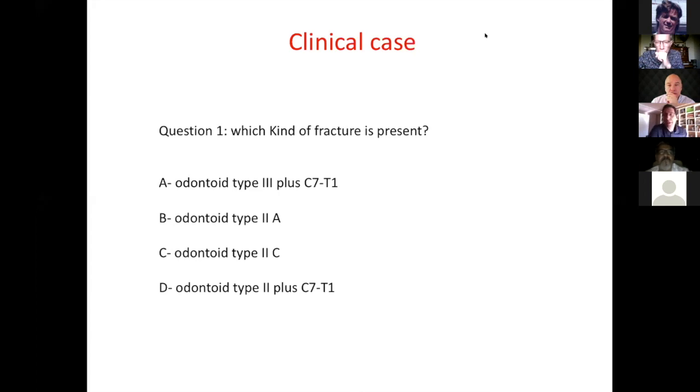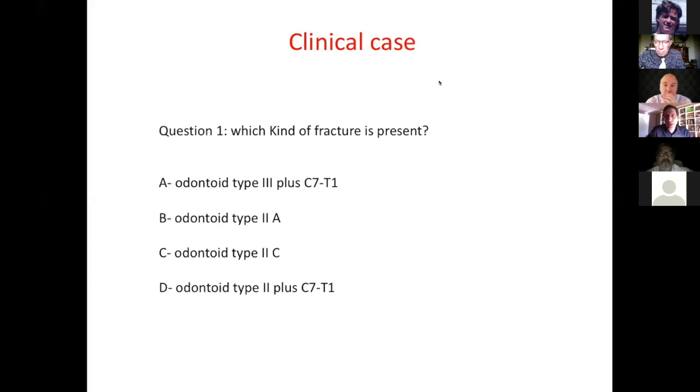Okay, Osam. So we start the results. Most people think there is an odontoid type 2 plus C7-1, and that's exactly correct.